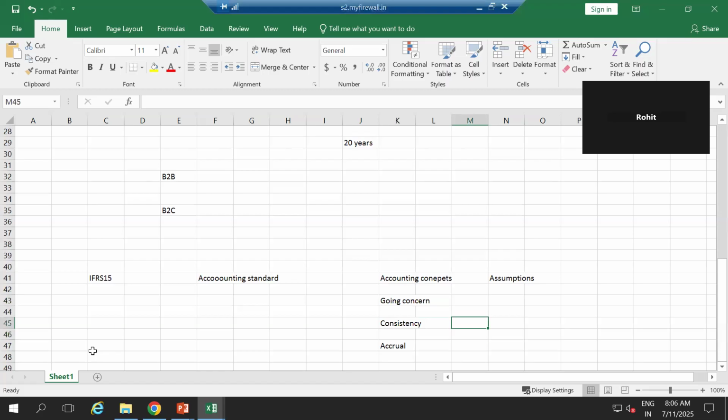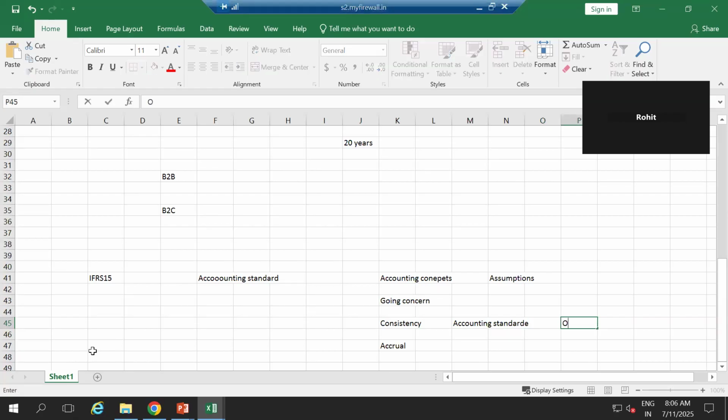Consistency says the same accounting standards are applied for a consistent, longer period of time. Does that mean I should not change the accounting standard? No. It means that, let's say you applied one accounting standard last year. This year also you adopt the same accounting standard. You do not go back and change to a different accounting standard unless the legal regulation requires it.